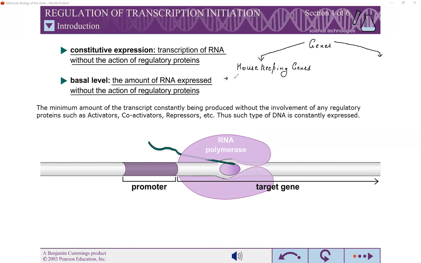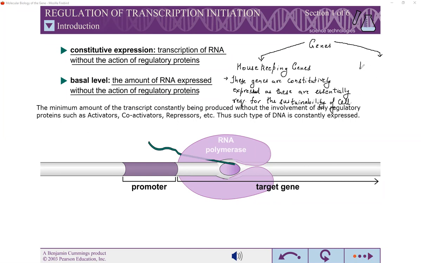These genes are constitutively expressed as they are essentially required for the sustainability of the cell, and such type of genes are referred to as housekeeping genes.